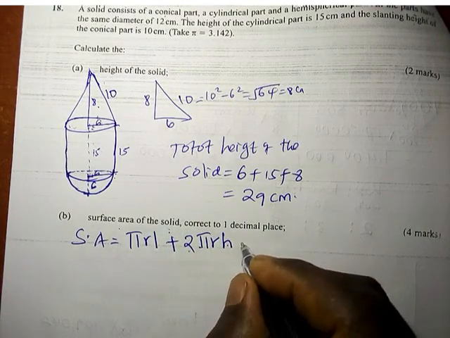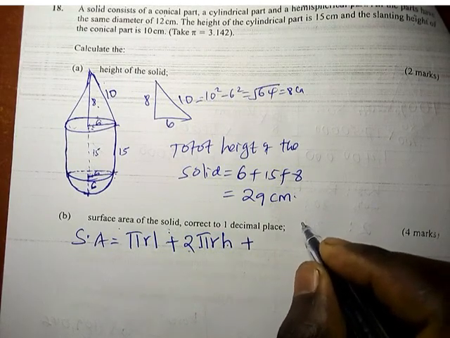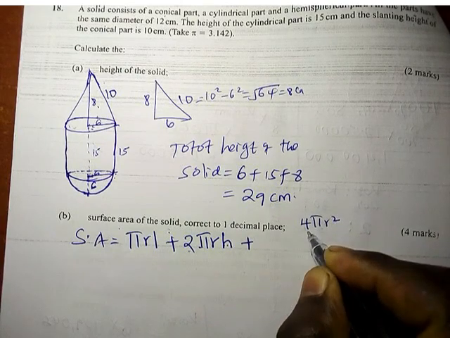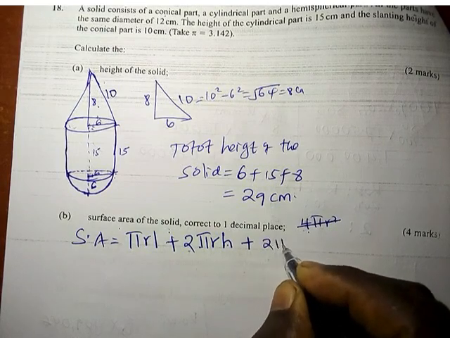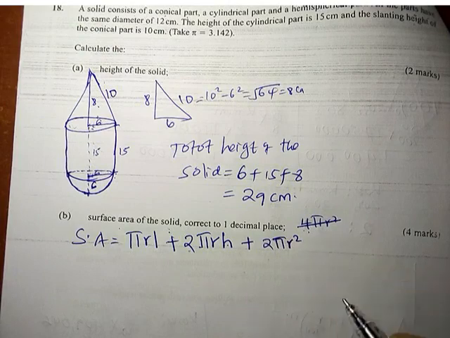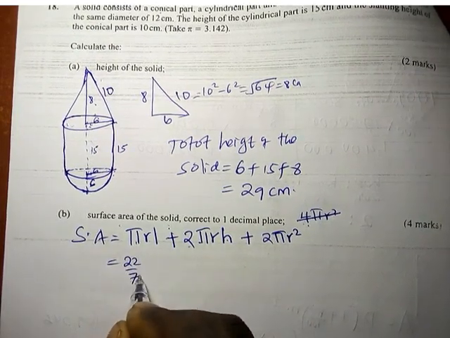And then finally, the surface area of the hemisphere. A sphere itself is 4 pi r square, so a hemisphere is a half, so it will be 2 pi r square. Now let us combine these, it will be 22/7.